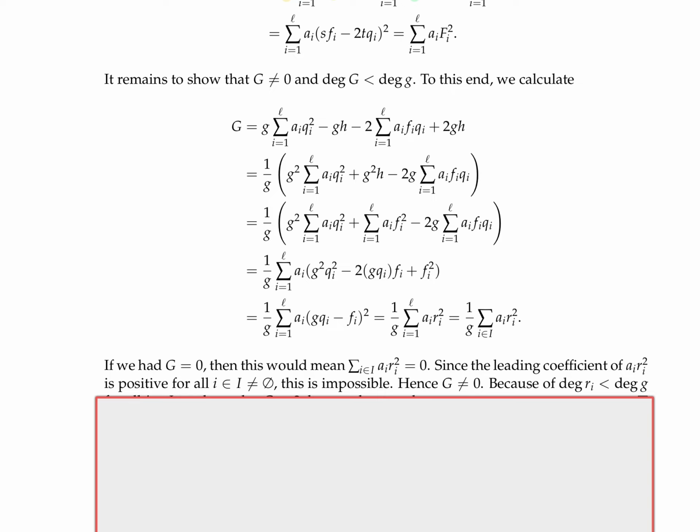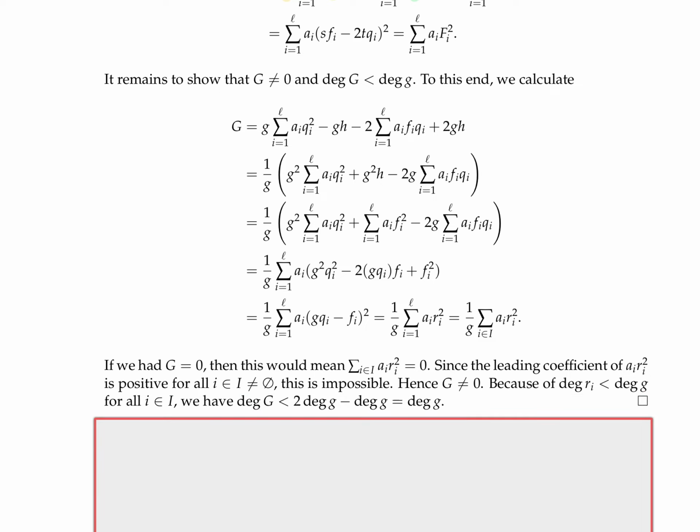Because the degree of ri is smaller than the degree of g for all i, right? Because this was division with remainder. So we have that the degree of the sum clearly is smaller than 2 times the degree of g, but when I divide by g, I lose again this degree.